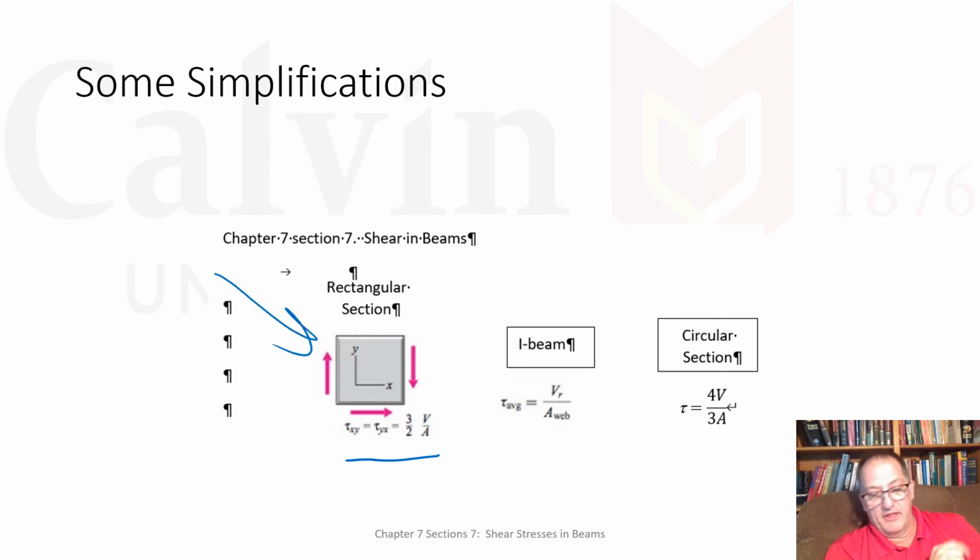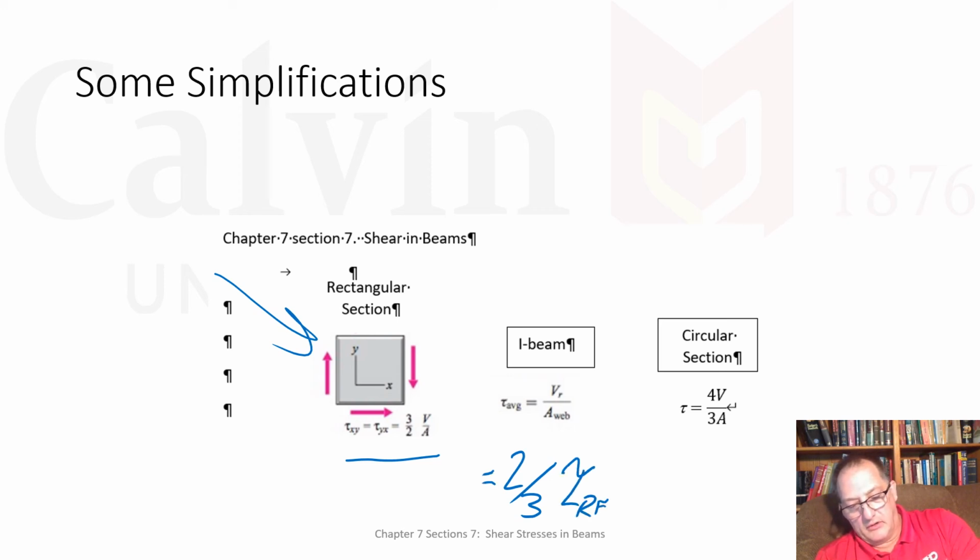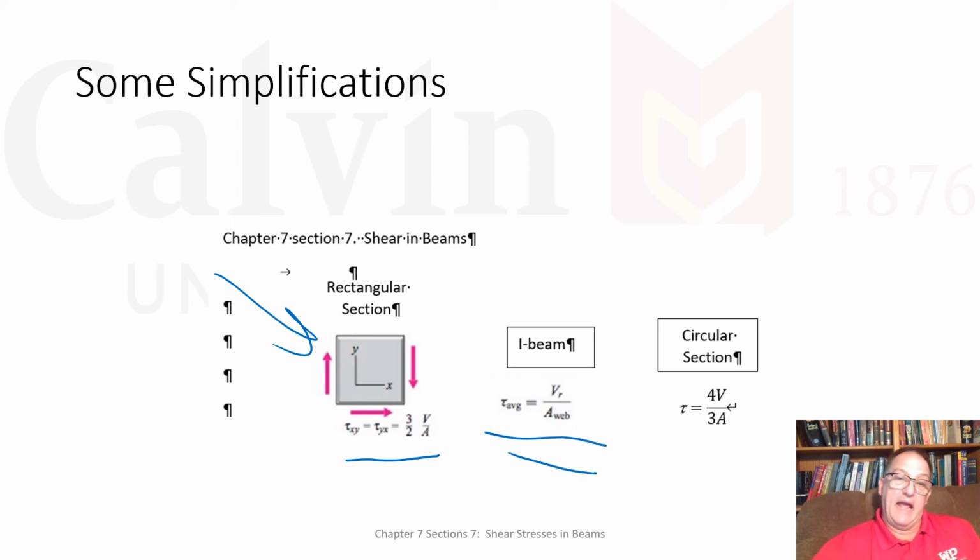But then this is equal to 2/3 the shear for a rectangle. That's interesting, but maybe not that important. That average shear for an I-beam is just that shear force divided by the area of the web. Just ignore the flanges. And then lastly, for a circular section, we're looking at 4/3 V over A.